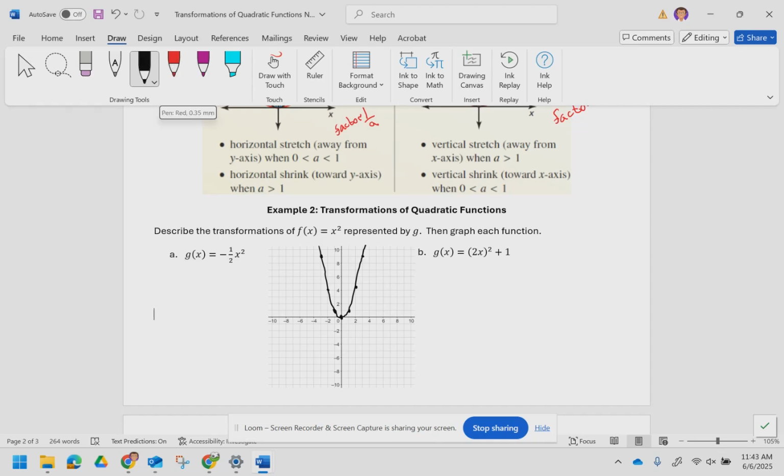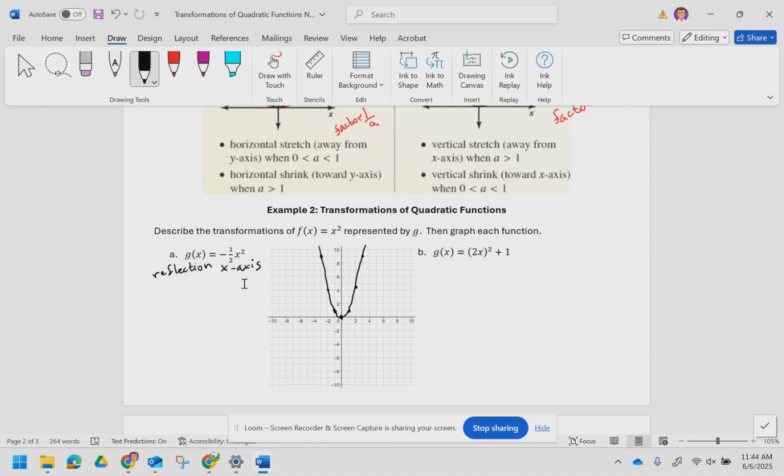So let's deal with the negative first. That negative is going to cause us to have a reflection off the x-axis. Then multiplying by a half, because we're multiplying on the outside, we are multiplying the output.